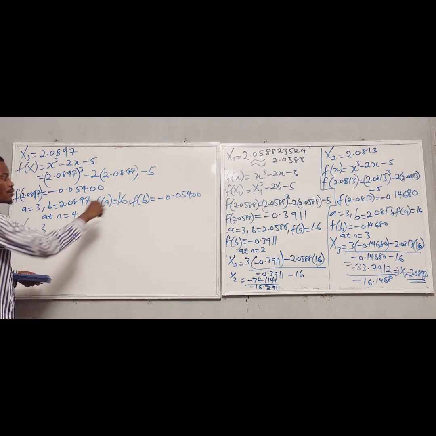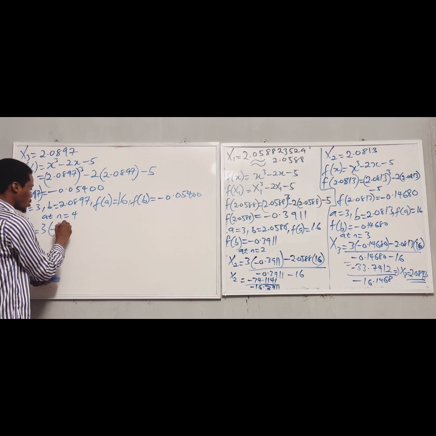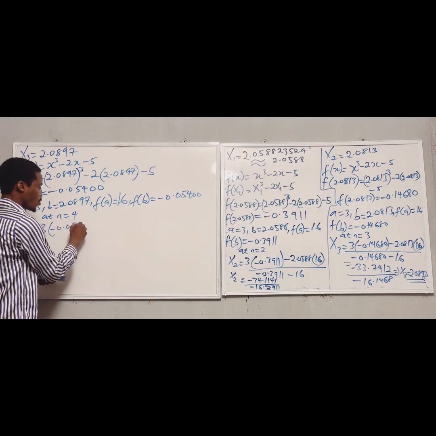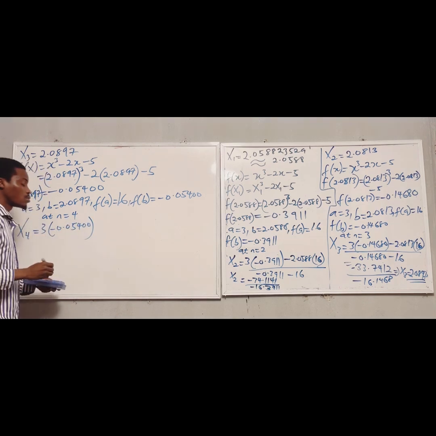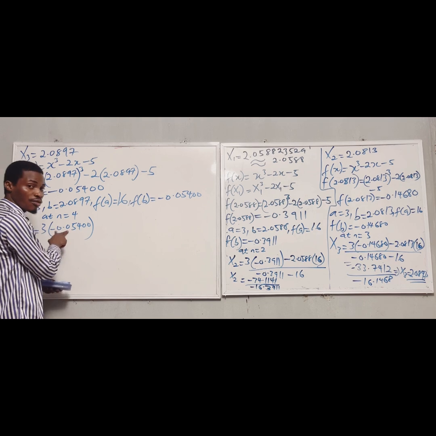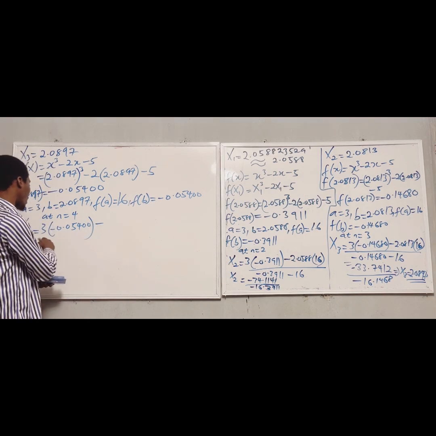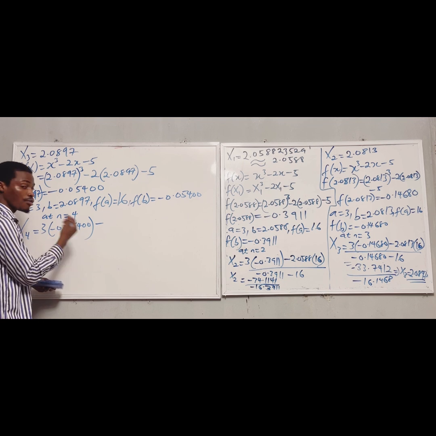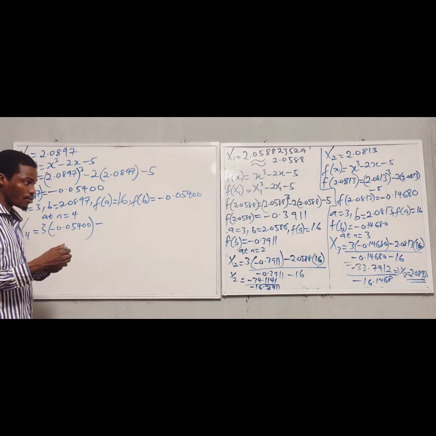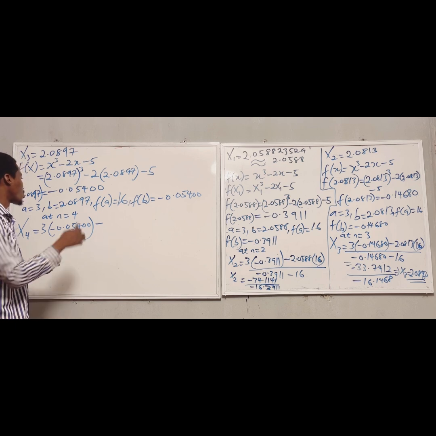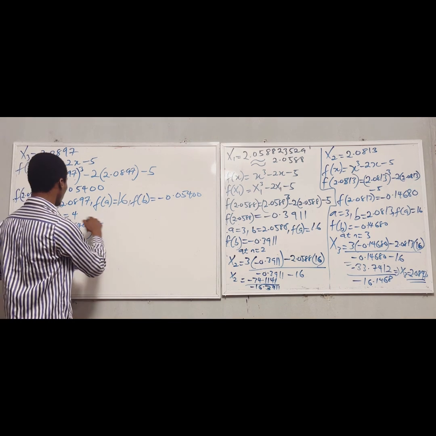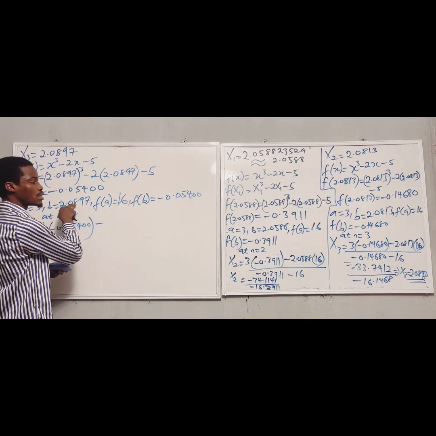This is 3. f of b is minus 0.05400. And what's my b? This is my b, 2.0897.